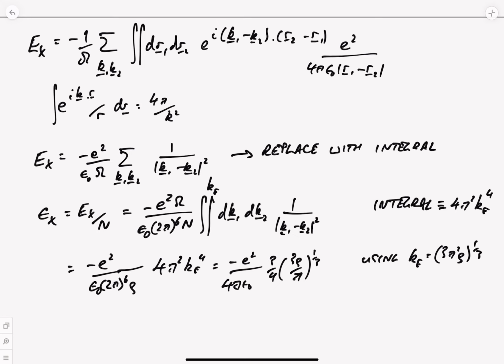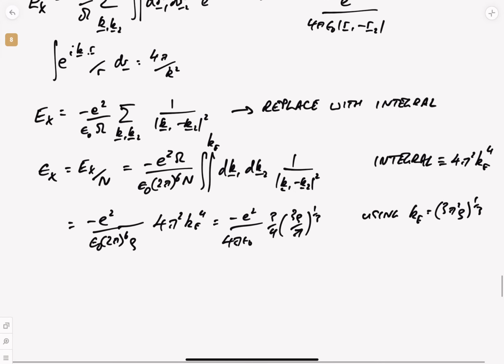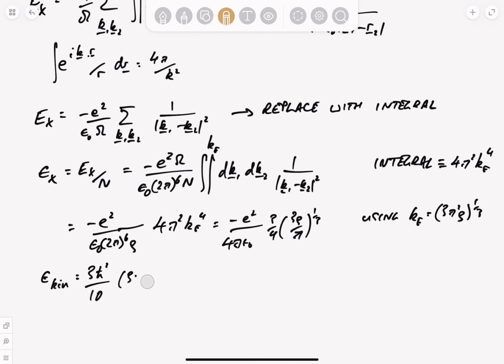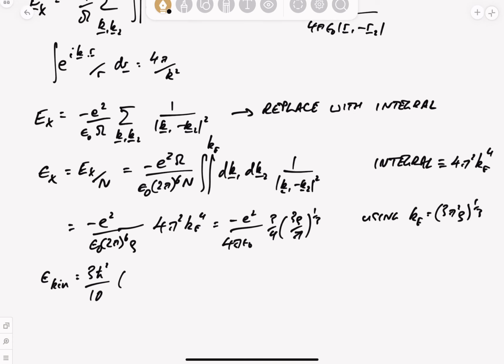Now recall that the kinetic energy per electron, epsilon kinetic, which is the same in both cases, both interacting and non-interacting, is 3 h bar squared over 10 into (3 pi squared rho) to the 2/3.